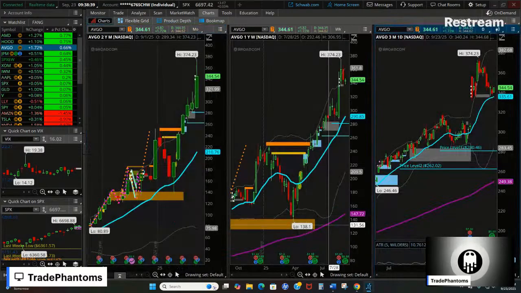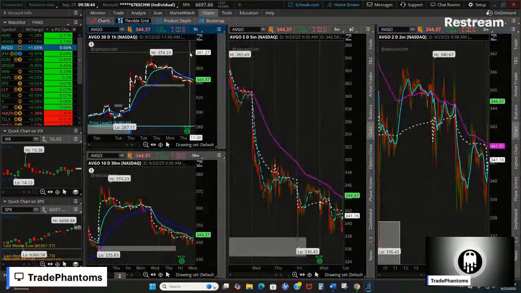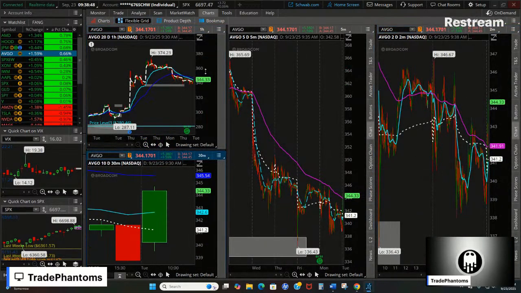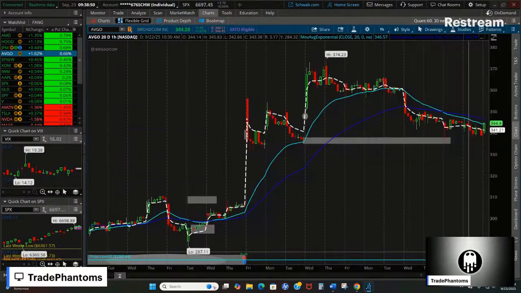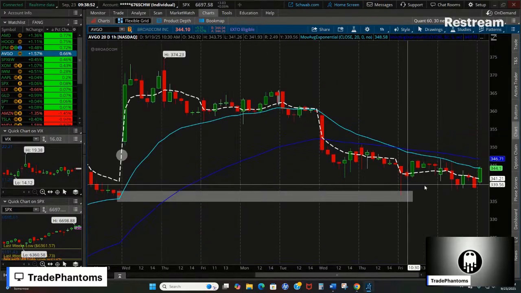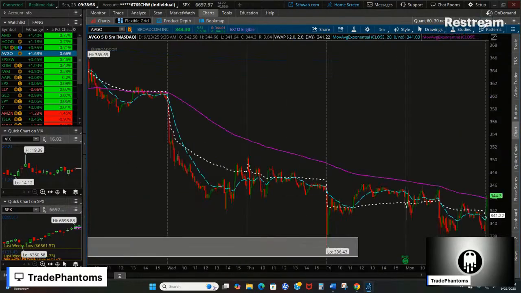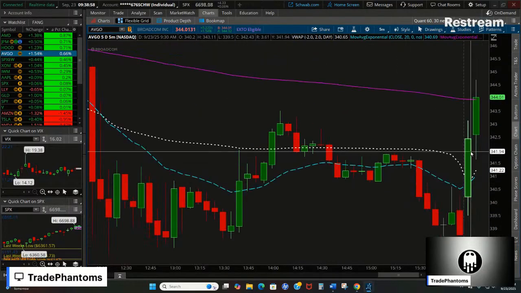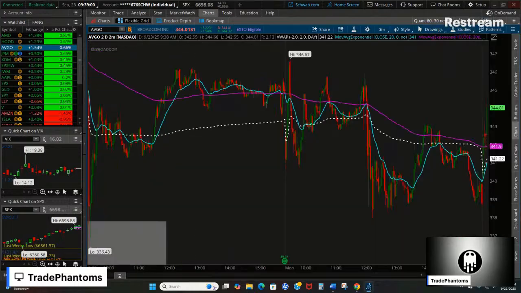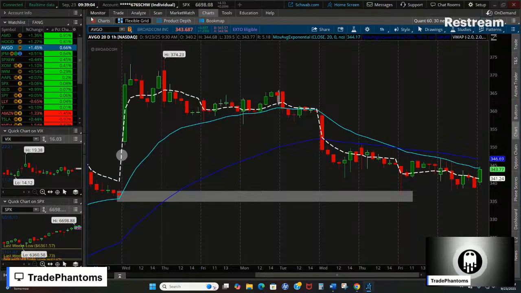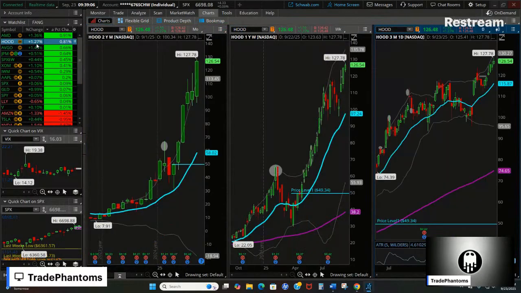Broadcom back alive. Back alive, I should say. So still within this basing, which is kind of annoying. We don't have proper 100% alignment on the intermediate.